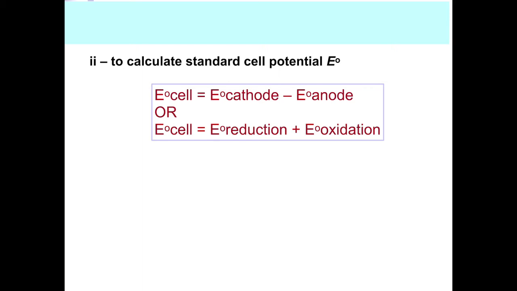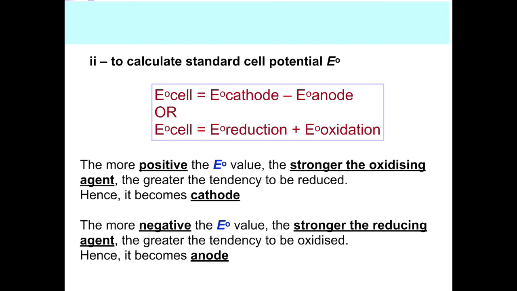We can also use the electrochemical series to calculate the standard cell potential E0 with the formula E0 cell equals E0 cathode minus E0 anode, or E0 cell equals E0 reduction plus E0 oxidation. So how do we know which one is the cathode and which one is the anode from the electrochemical series? The more positive the E0 value, the stronger the oxidizing agent, hence the greater the tendency to be reduced, hence it becomes the cathode.